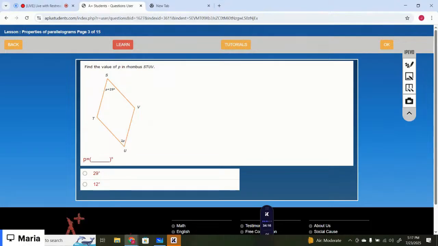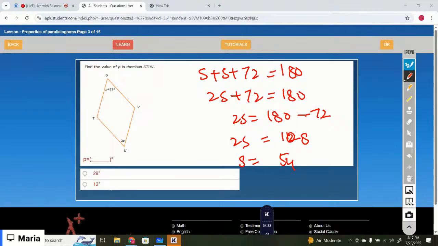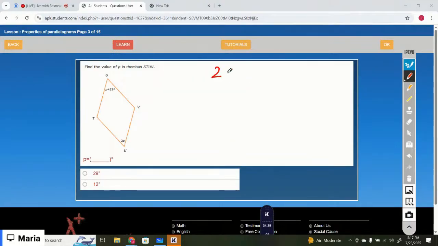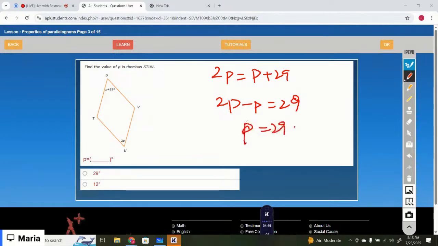Find the value of P in rhombus STUV. 2P equals P plus 29 degrees. So 2P minus P equals 29 degrees. So P equals 29 degrees. Option number 1 is the correct option.